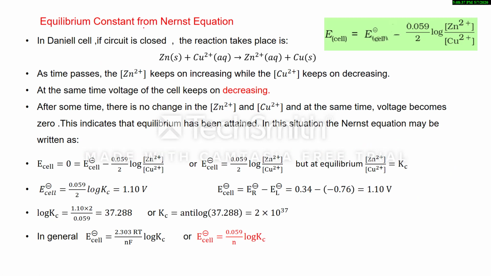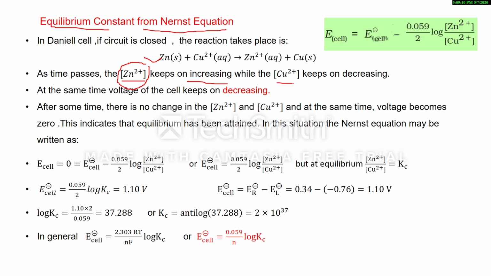Now we'll discuss equilibrium constant from the Nernst equation. That means how can we relate the cell potential with the equilibrium constant. Now see, if the Daniell cell reaction is taking place like this, is it clear? As time passes, the concentration of Zn2 plus keeps on increasing because at the anode Zn is converting into Zn2 plus.